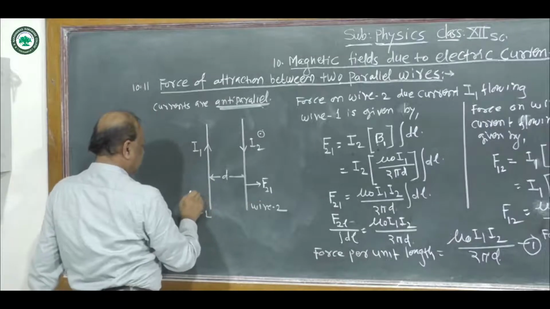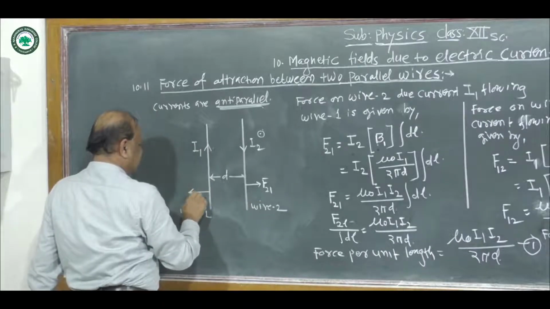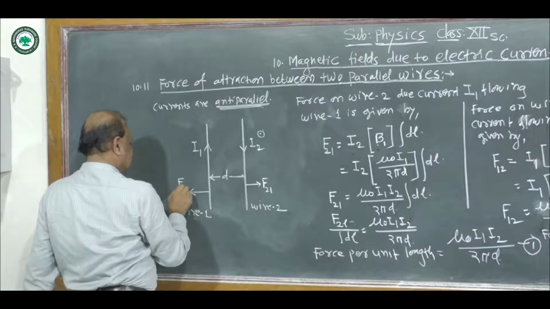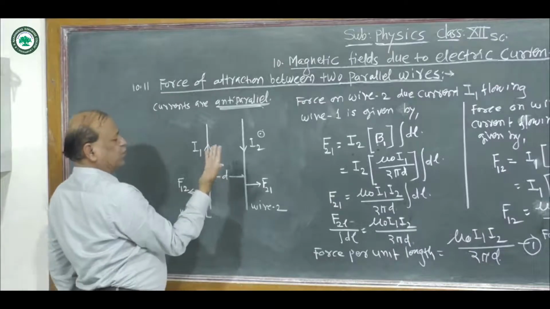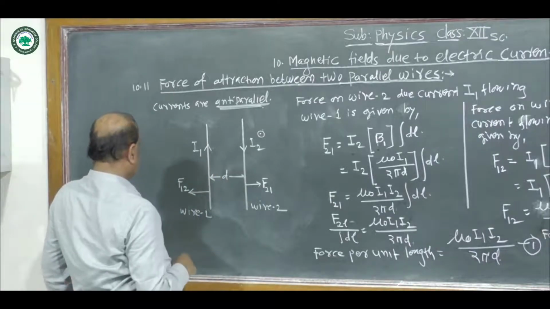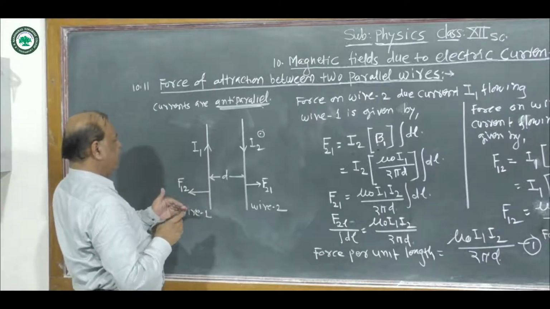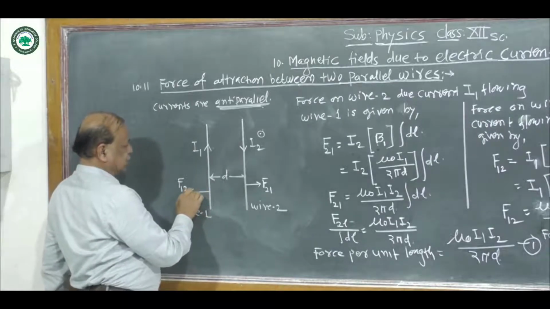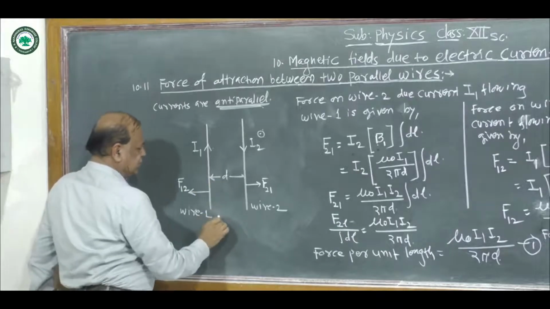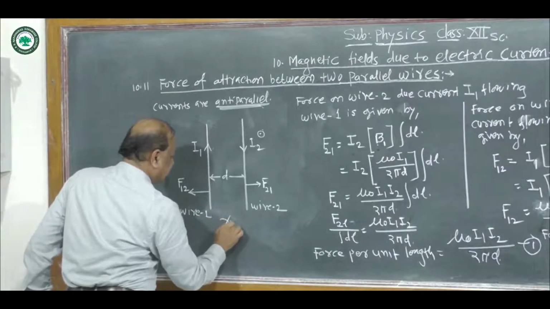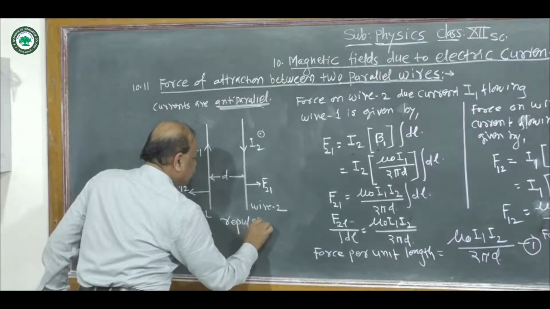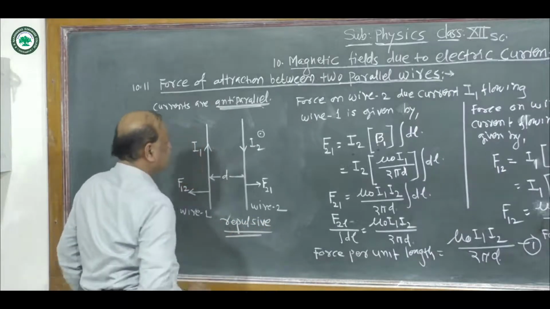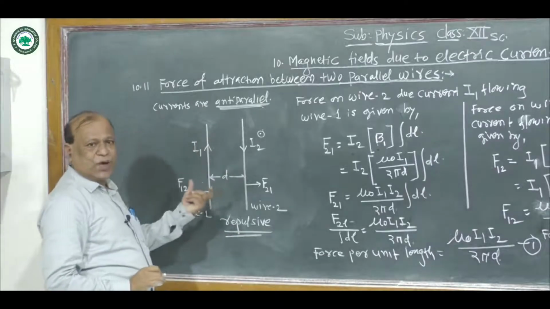Now according to the right hand rule, the direction of the force on wire 1 due to wire 2 will be perpendicular. The direction of force is like this, meaning there is a repulsion, a repulsive force between these two conducting wires.